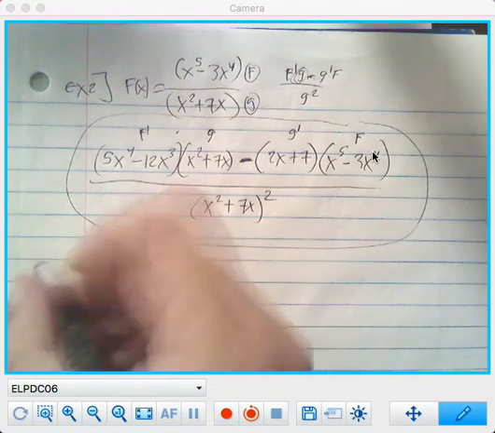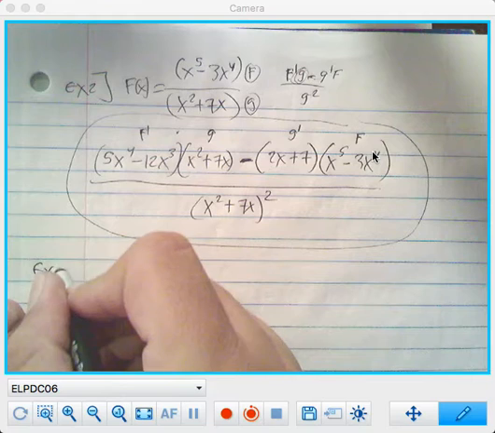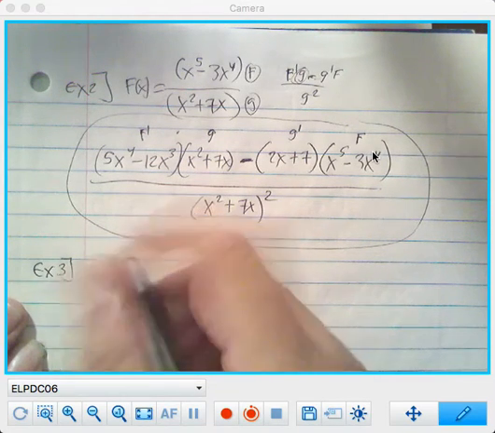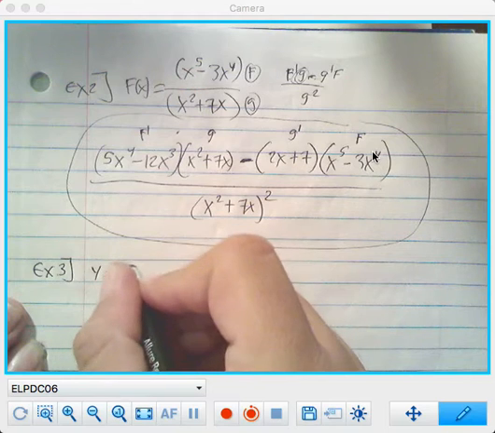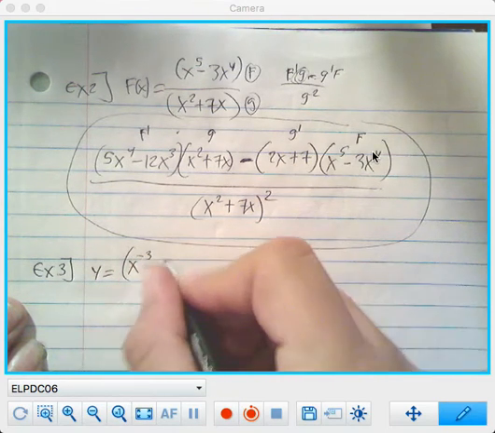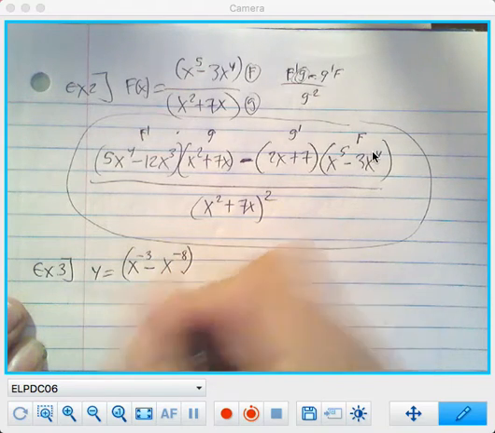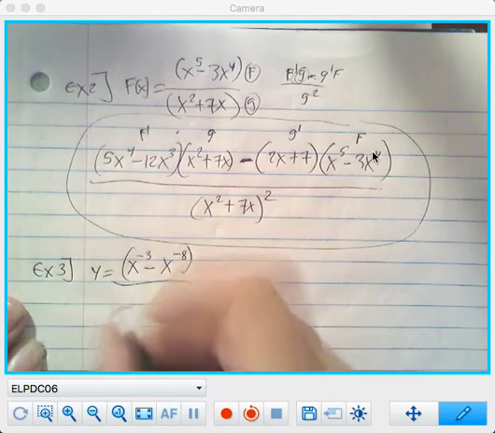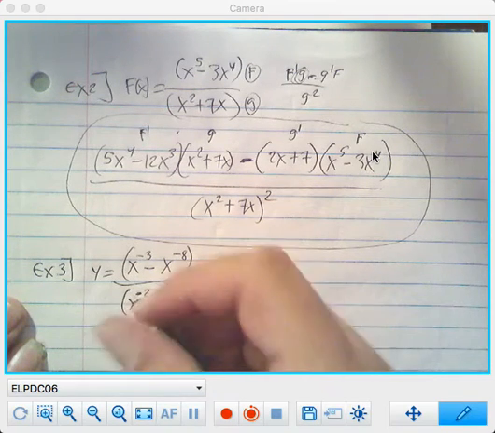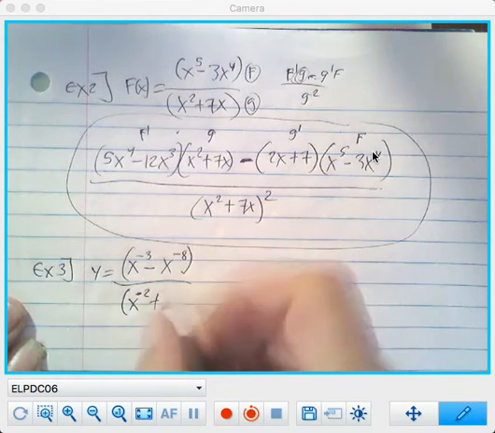Look, let's do it. This is going to be a little bit more difficult example. I have y equals x to the minus 3 minus x to the minus 8 over x to the minus 2 plus x to the minus 6.